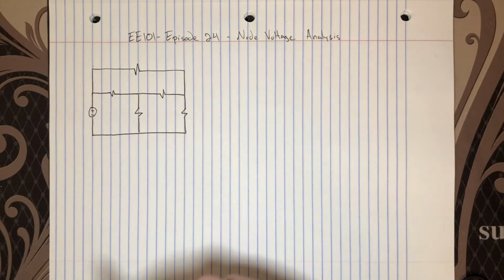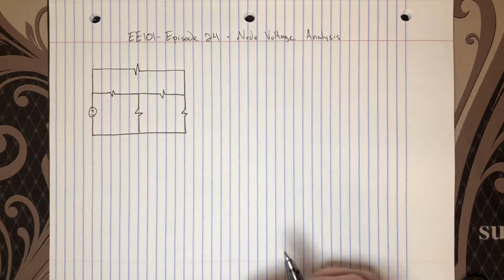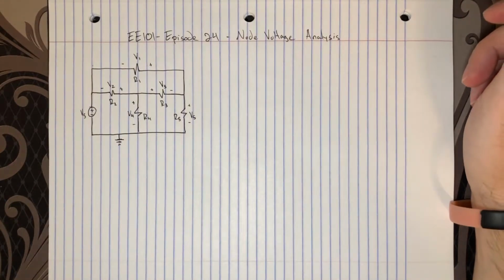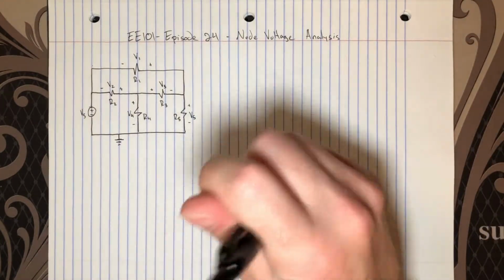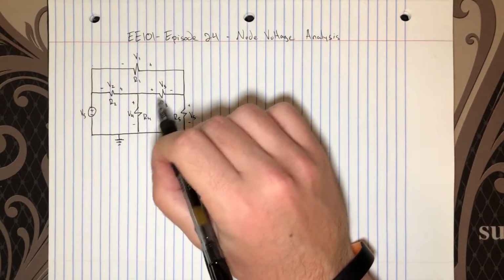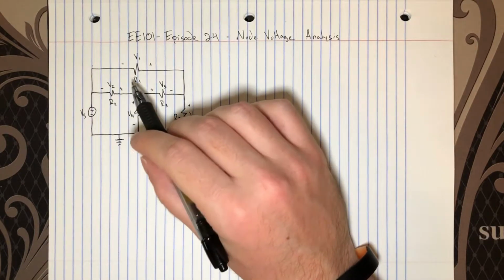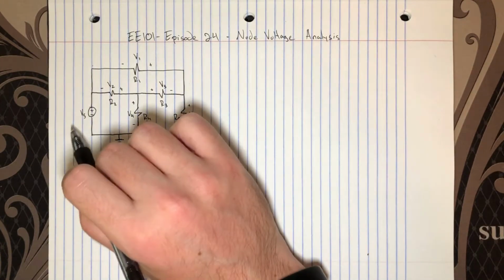So let me go ahead and annotate this circuit, and then I'll prep a quick example. I've gone ahead and labeled this circuit with resistances 1 through 5 and corresponding voltages 1 through 5. And a V source here.